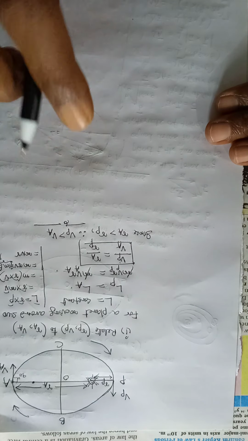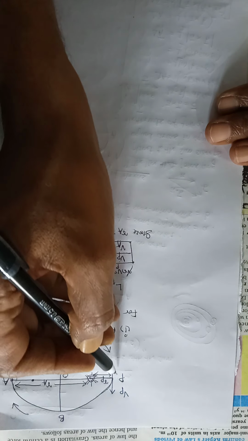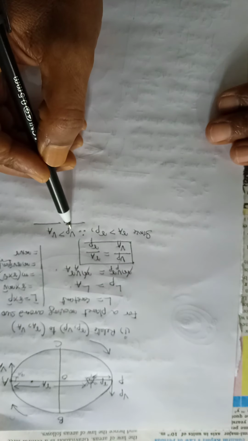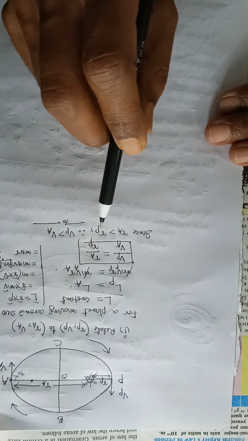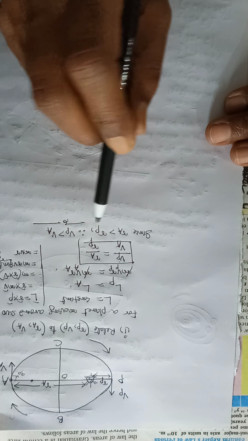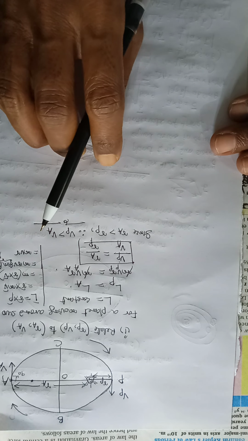When the planet comes closer to the sun, its velocity is greater, and when it goes farther from the sun, its velocity becomes less. So in this way, the velocity is continuously changing.